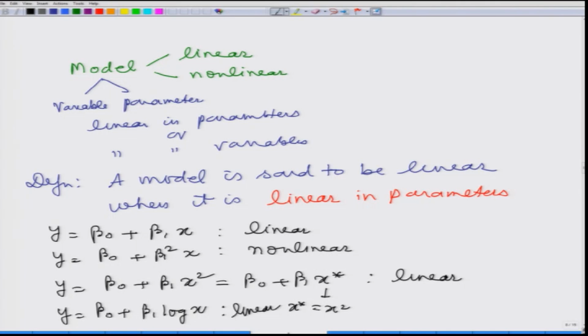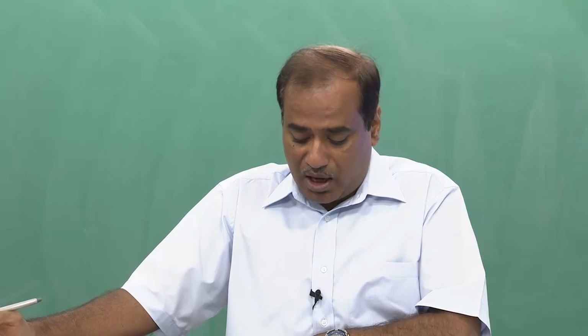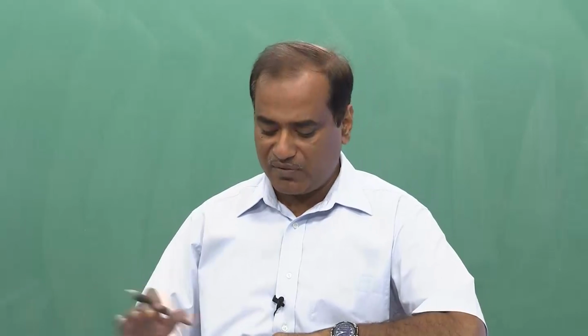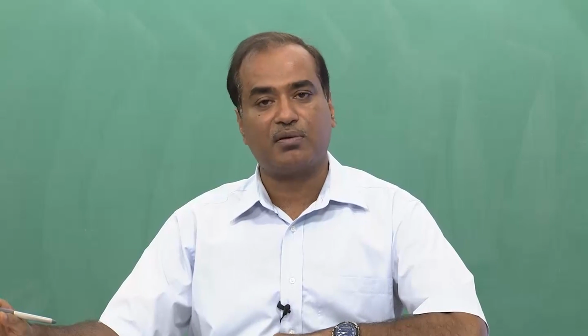So this is what you have to keep in mind, how we define a model to be linear or non-linear. Now our issue is that we want to translate this into a proper definition.